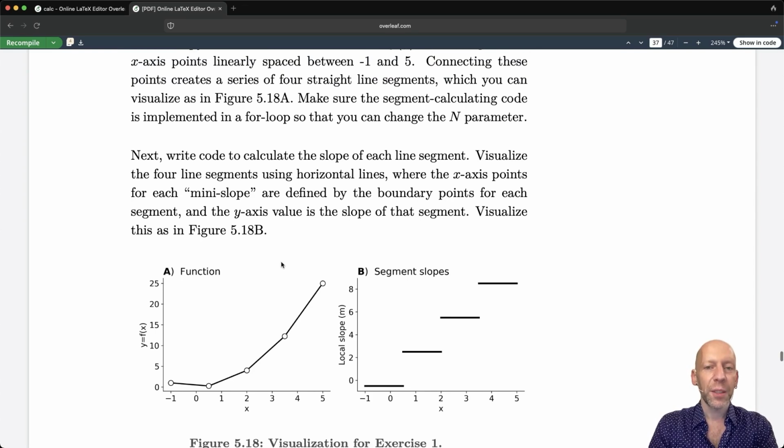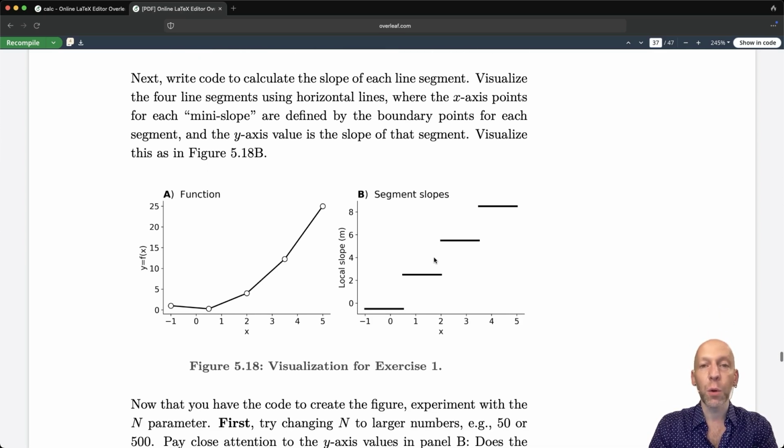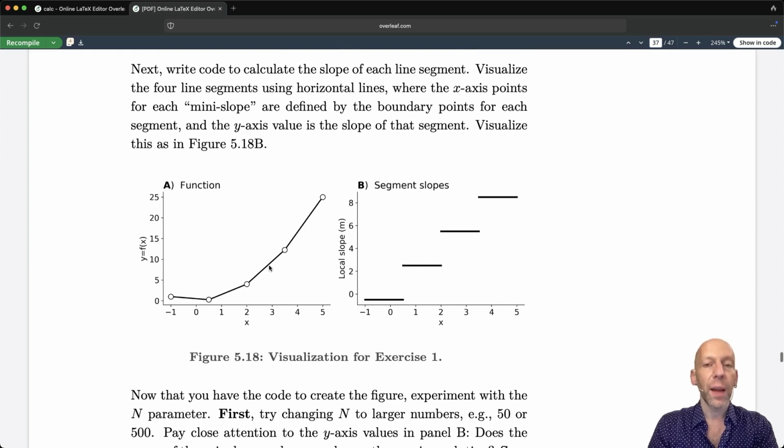Now, this actually creates 4 line segments that are defined by the transition from each successive point. Okay, and when you do this, I encourage you to implement this in a for loop. And then you want to write code to calculate the local slopes, the slope of each line segment, and generate a figure like panel B. So here we see the x-axis, same as over here.